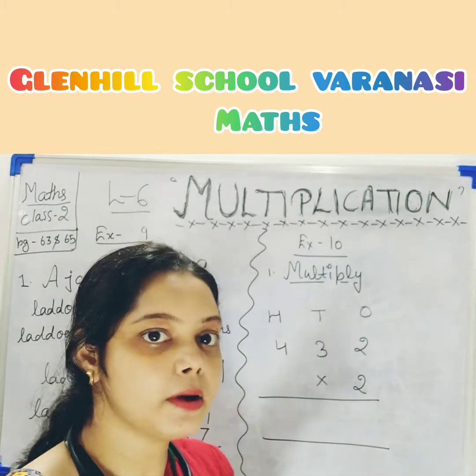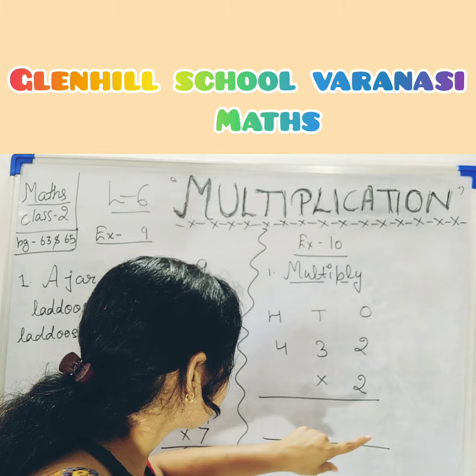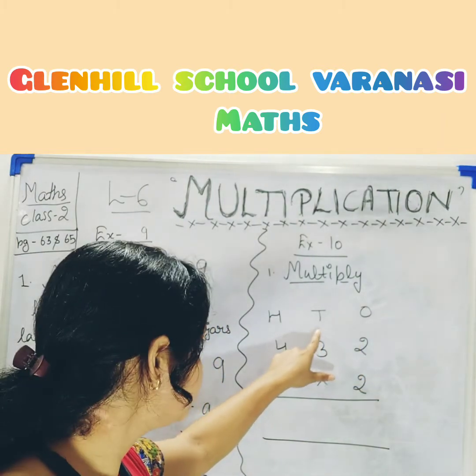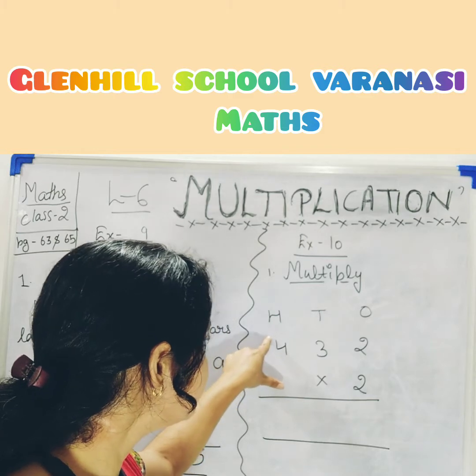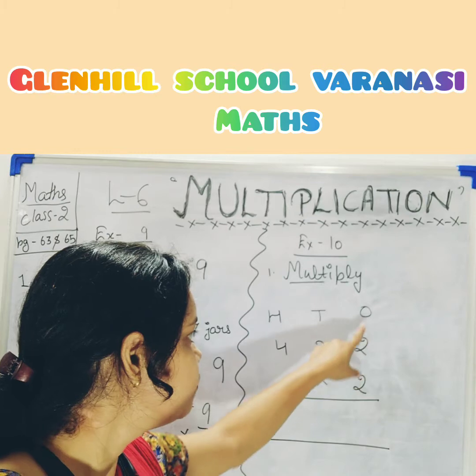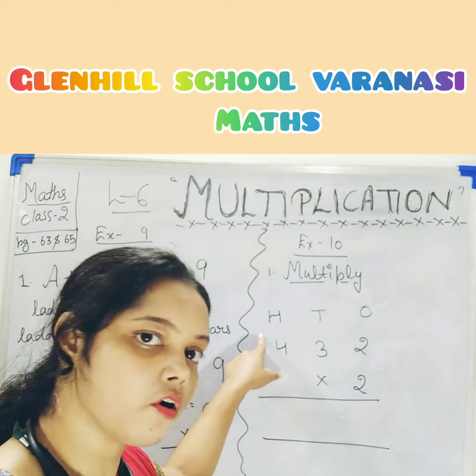But one thing to remember: the value of ones and tens was given in previous questions, but now in this question the hundreds place value is also given, and you have to multiply the ones, tens and hundreds in all 3 numbers.